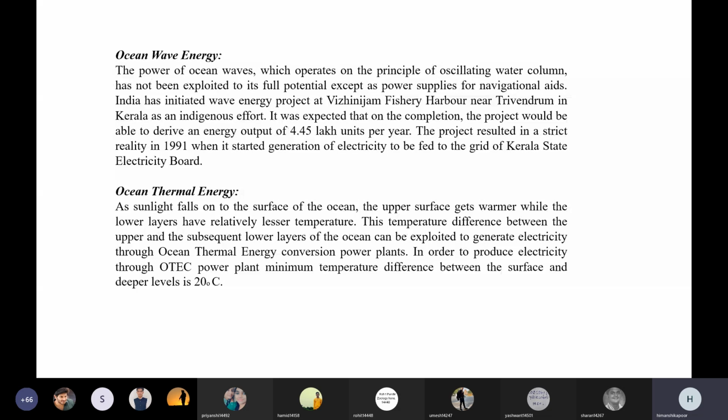So you can utilize this temperature difference also to generate electricity, and you have special power plants for that. These are known as the ocean thermal energy conversion power plants. This temperature difference should be a minimum of 20 degrees Celsius. Then only you will be easily able to produce electricity.